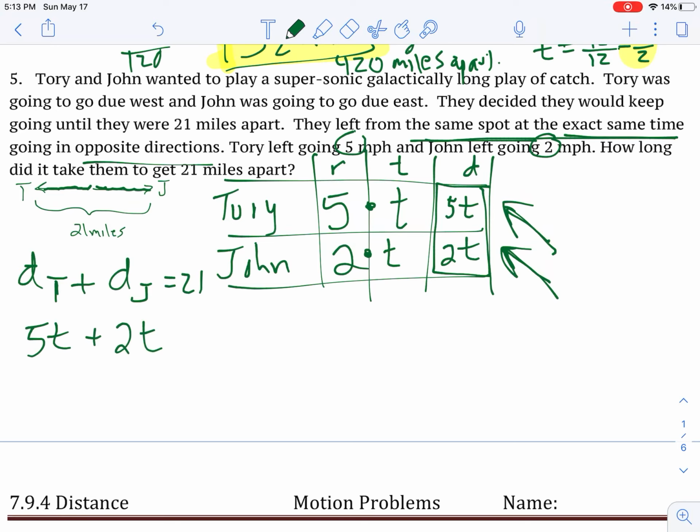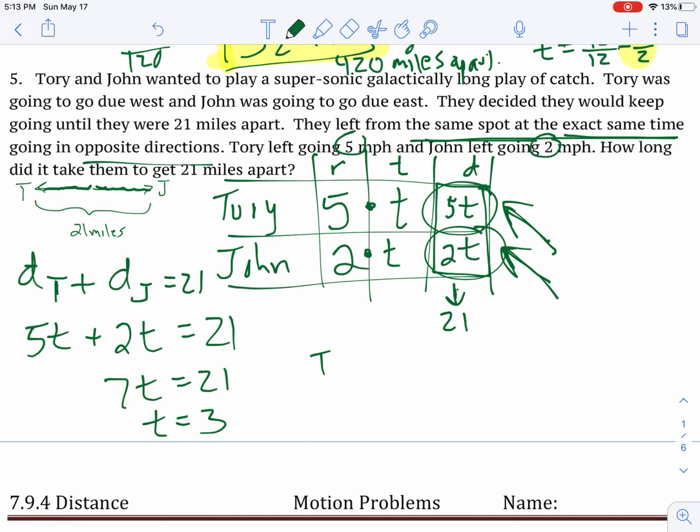All right, so 5t plus 2t equals 21, because Tori's distance plus John's distance produces 21. So 7t equals 21, t equals 3. I want to answer in a complete sentence. So it takes them 3 hours to be 21 miles apart.